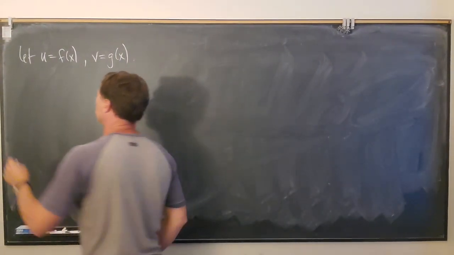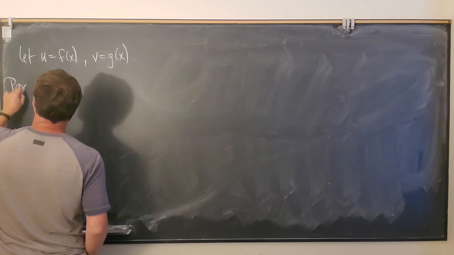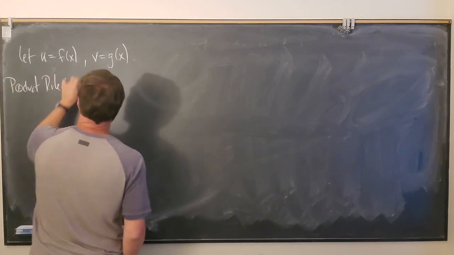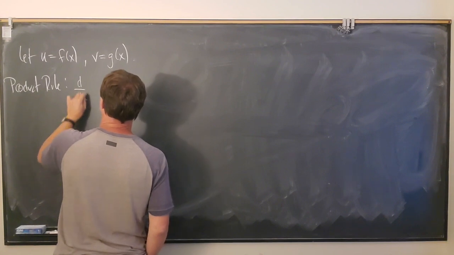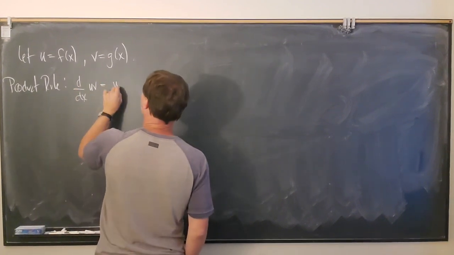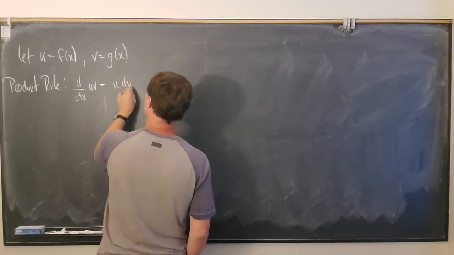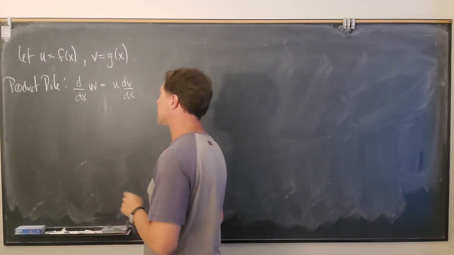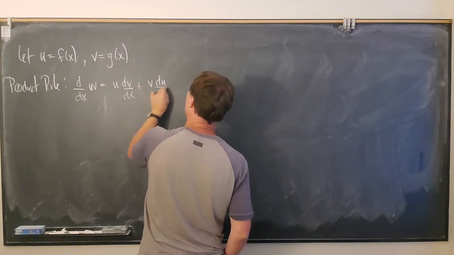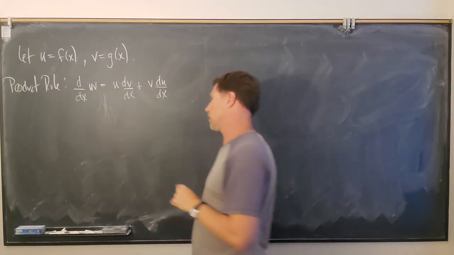Then the product rule says that the derivative of u times v is equal to the first function times the derivative of the second function plus the second function times the derivative of the first.